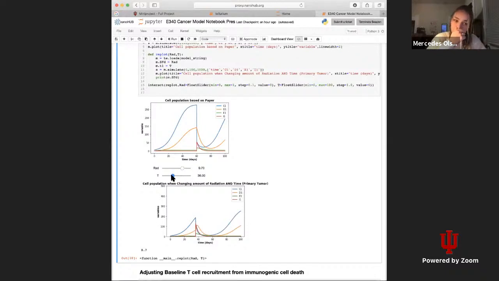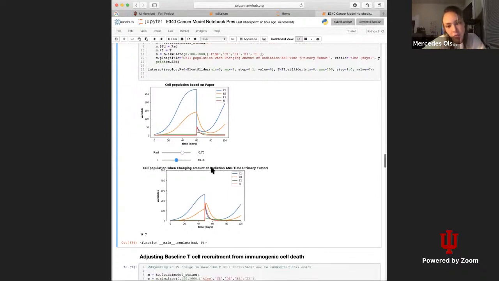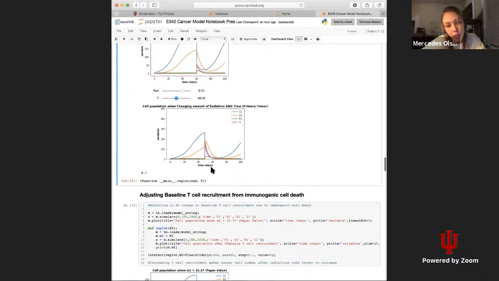As there's more radiation, the spike in I is going to increase every time, and then the longer you bring it out, there's more cancer cells to kill. So therefore the more radiation you add, the more cells it will take out.